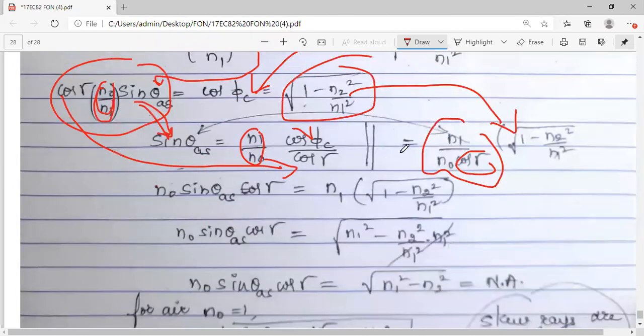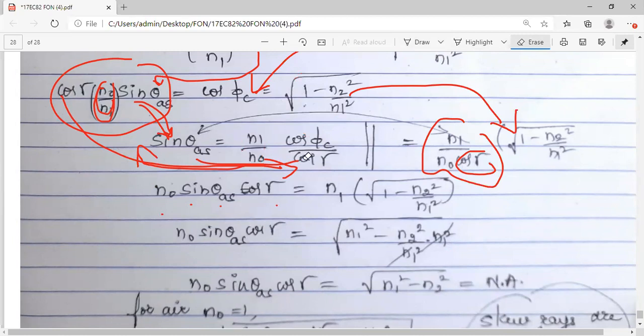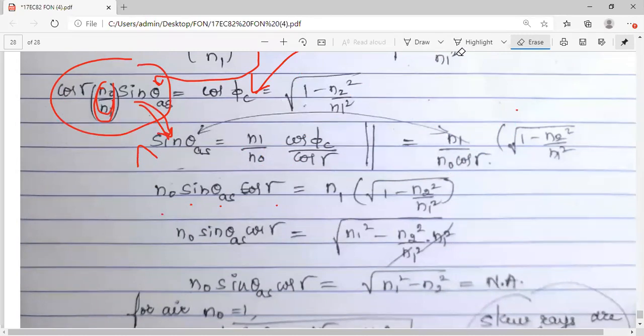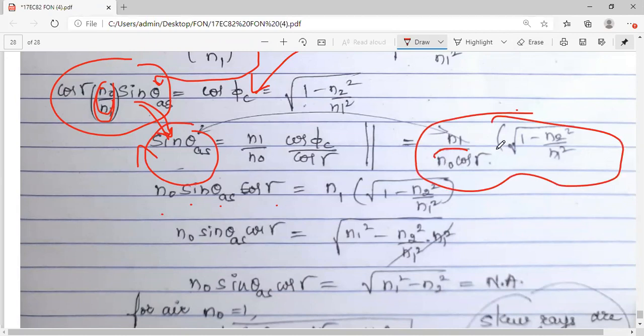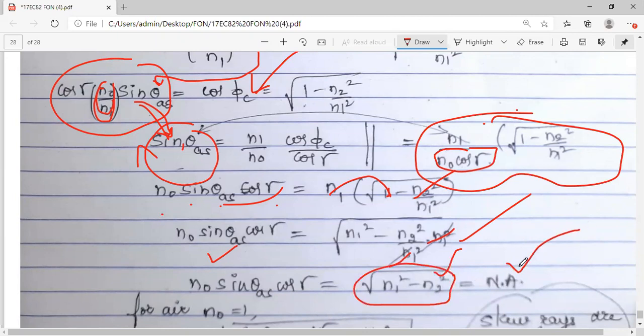Further simplification: N0 sine, and only the third term let me take. Rearranging the terms, the denominator is multiplied with sine and cos phi. Taking N1 inside the square root, the squares cancel, giving the square root of N1 square minus N2 square, and this is nothing but the numerical aperture.